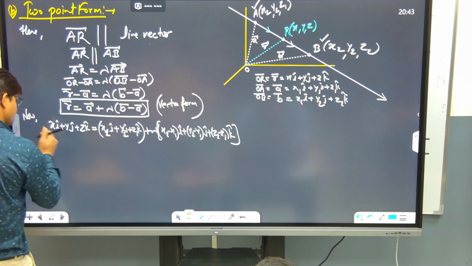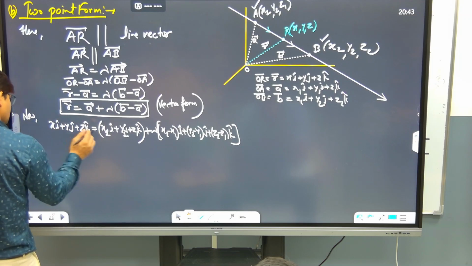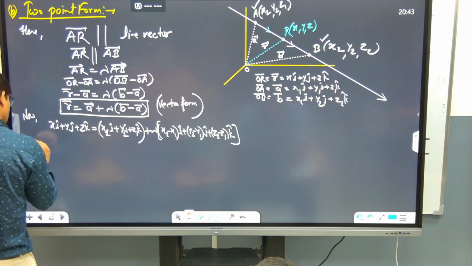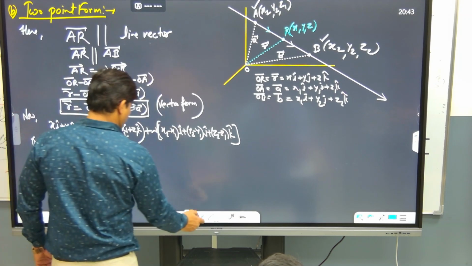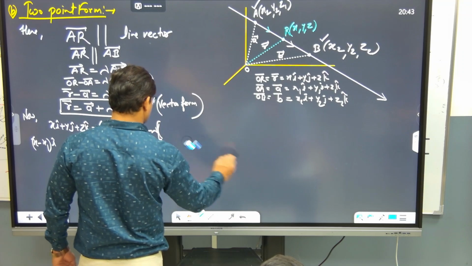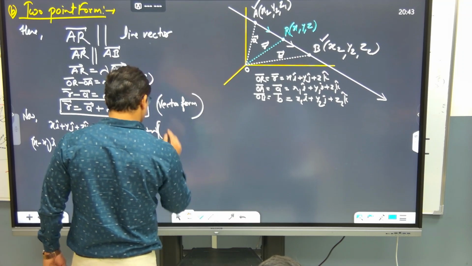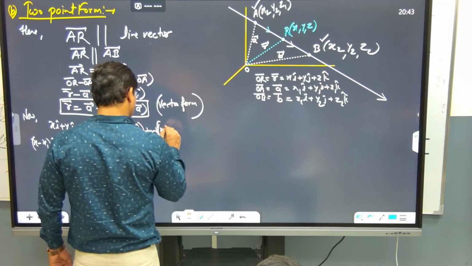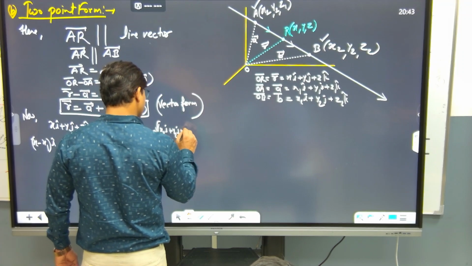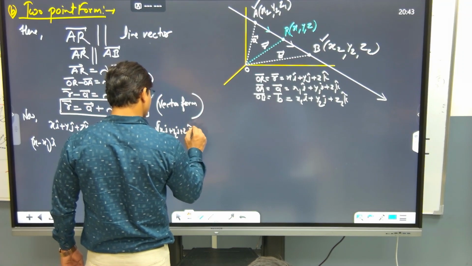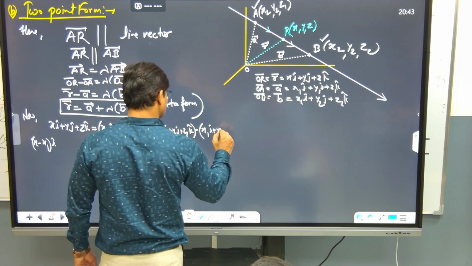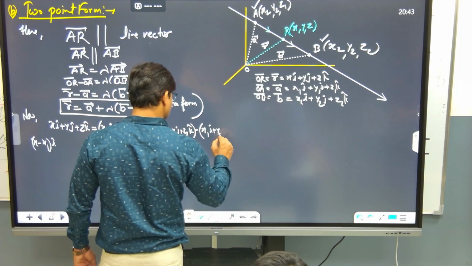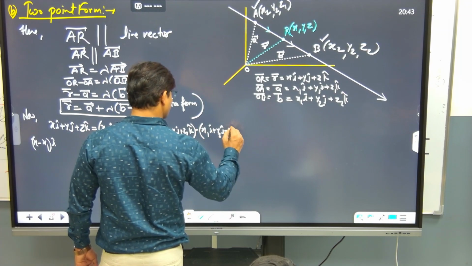We can write the same value. Now, x minus x1 i cap. Here I am writing first x2 i cap plus y2 j cap plus z2 k cap, minus x1 i cap plus y1 j cap plus z1 k cap.